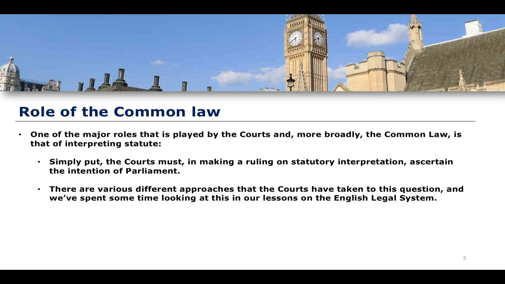There's the Golden Rule, the literal rule of interpretation, and the mischief rule as well, all of which give us an indication of how the courts have been able to imply the intentions of Parliament in the creation of statutes. And so through this, they create law, and some of these laws, just like some of the laws created by Parliament, are constitutional in nature or concern constitutional issues, and as a result form part of the UK's constitutional framework.